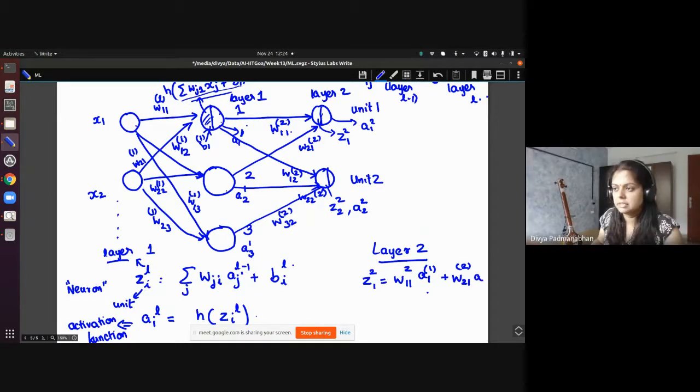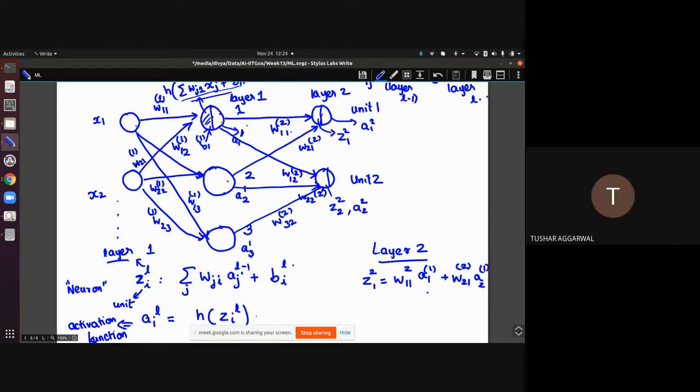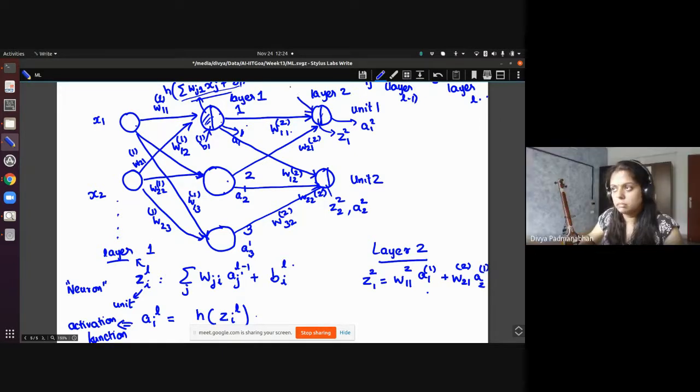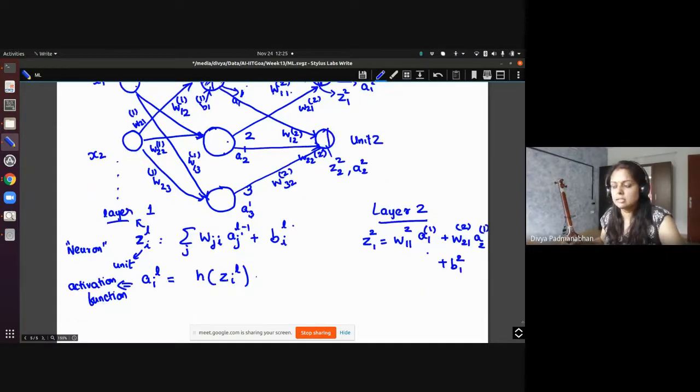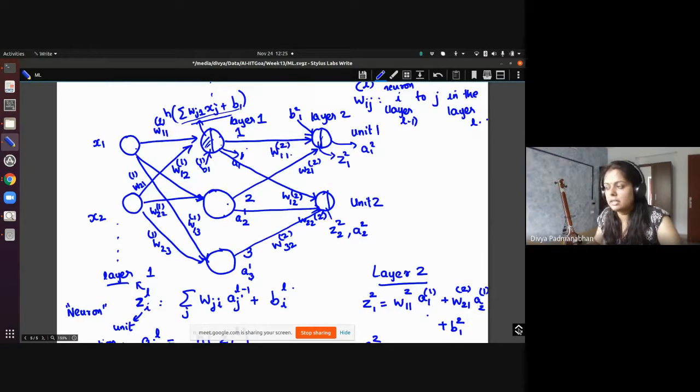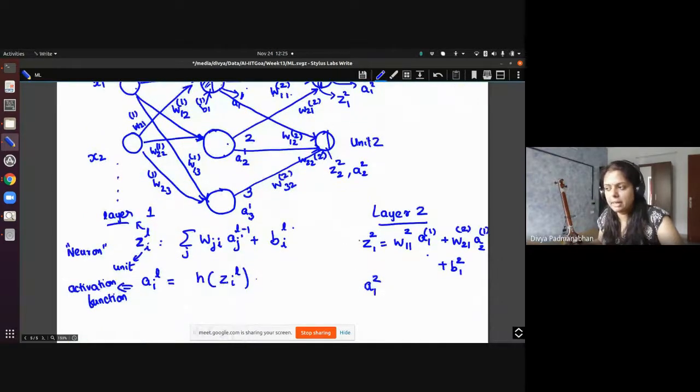Plus you can also have what is called a bias term, so this will be B12. So this is Z12, and you can also have its activation A12. Finally what comes out here is some function that you apply on Z, something like H of Z12.